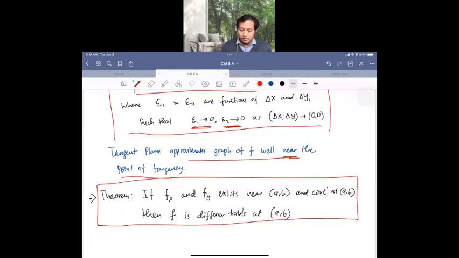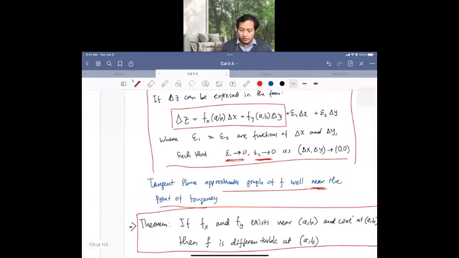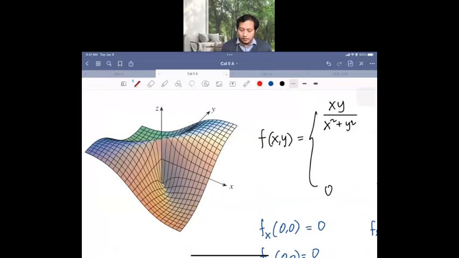A clear or good approximation gives us a good view of the continuity of the partial derivatives. If we look at the graph, let me go back to it. If you see this one, it has some problem here.